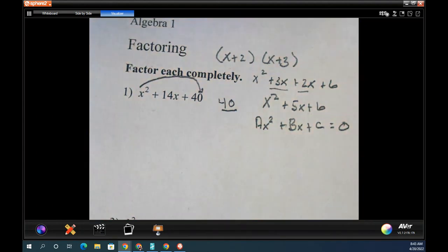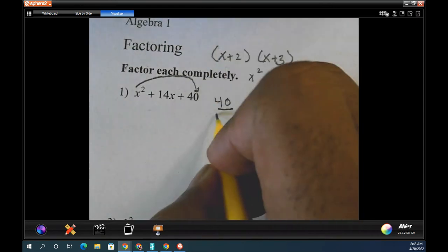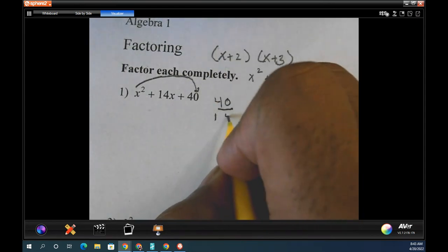Now, here's the thing. We've got 1 and 40, 2 and 20. Never take a decimal. 4 and 10, 5 and 8, and that's it. We do not want to write this one again. We only want to write it once. So on our paper, we would write 1 and 40.